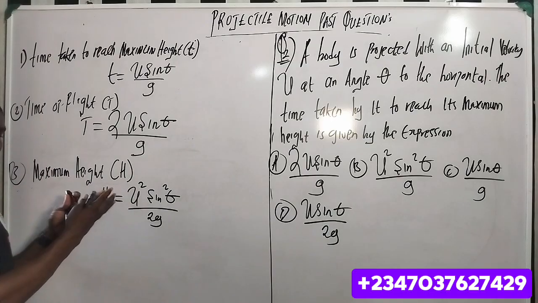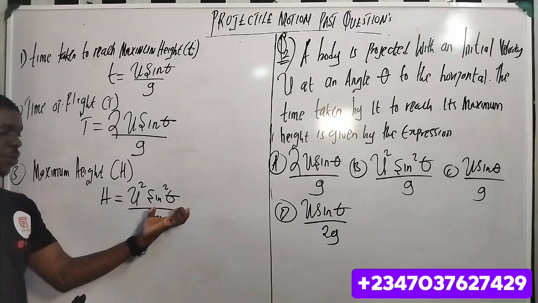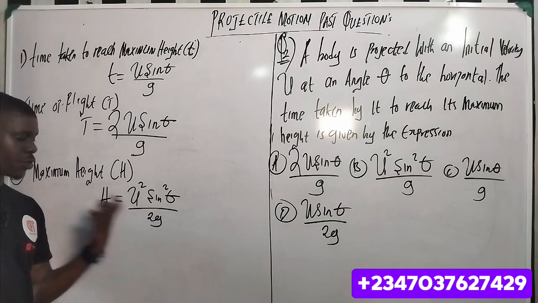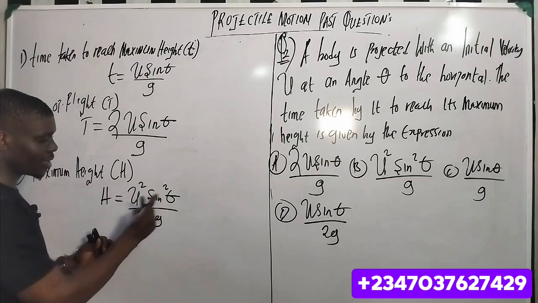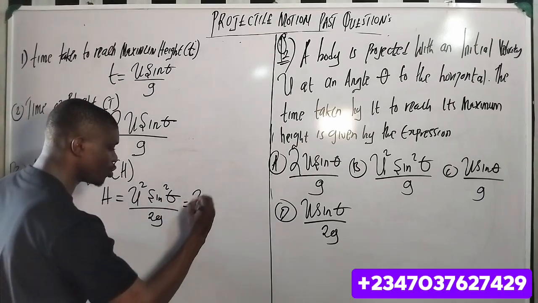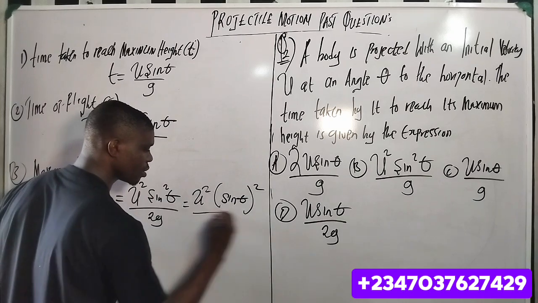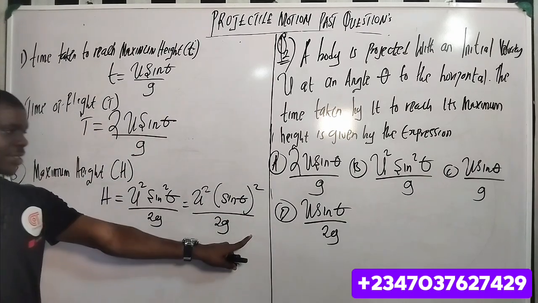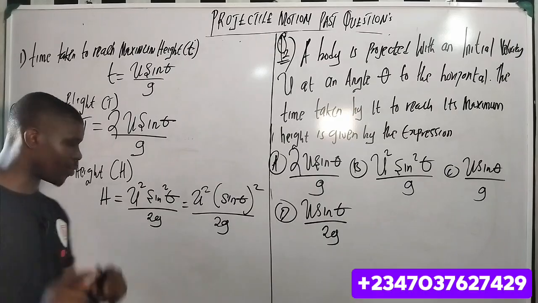The maximum height H equals u squared sine squared theta over 2g. Now this sine squared theta is also the same thing as u sine theta in the earlier formulas, so these two are about the same.